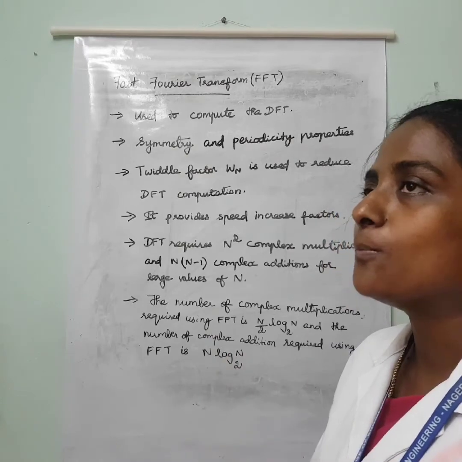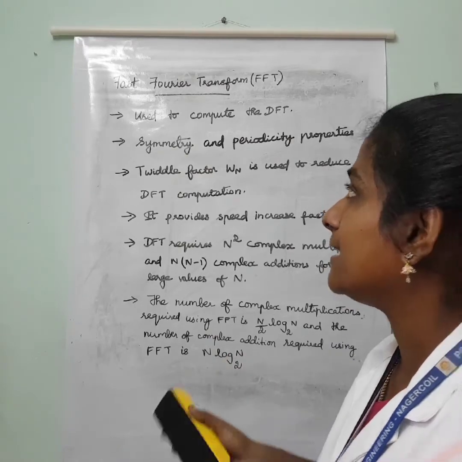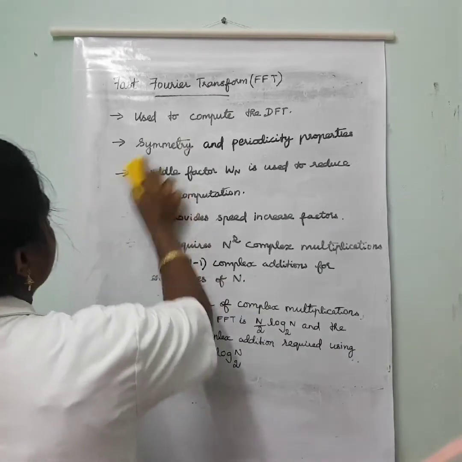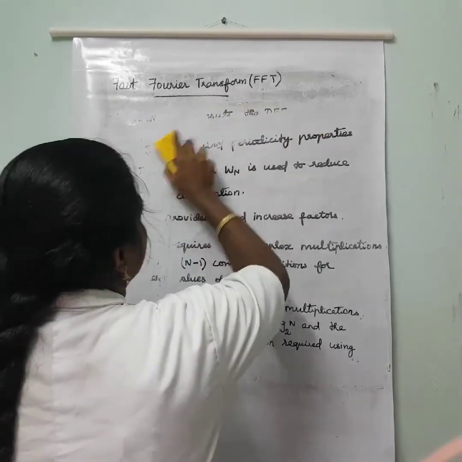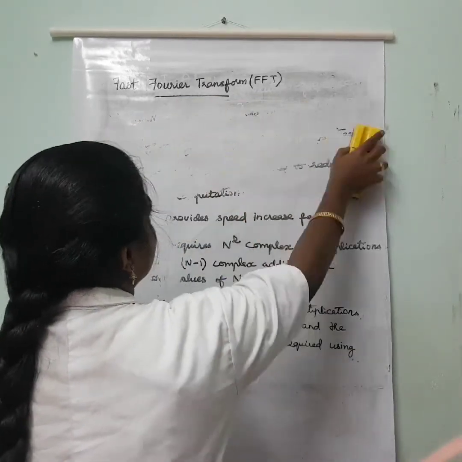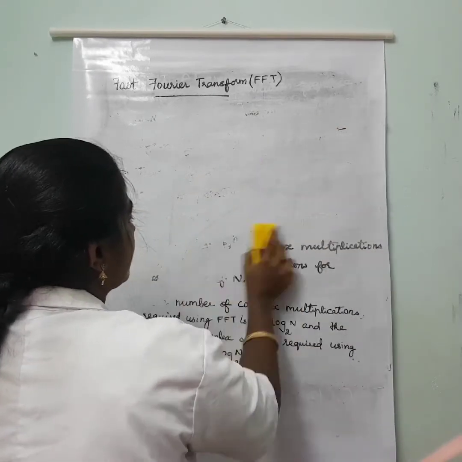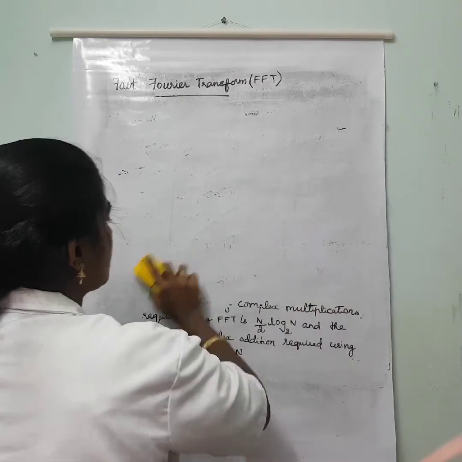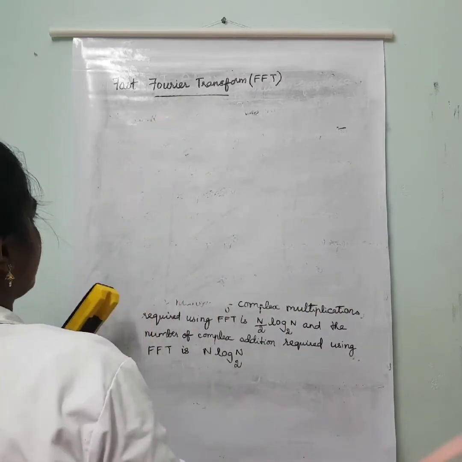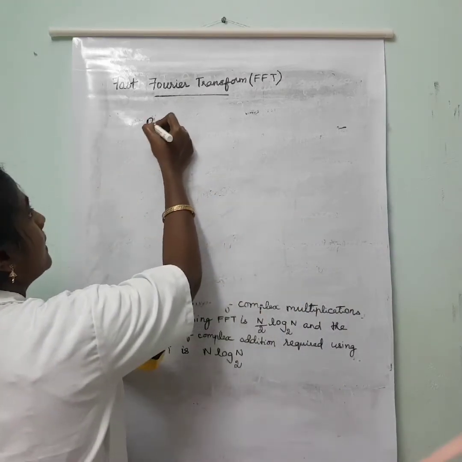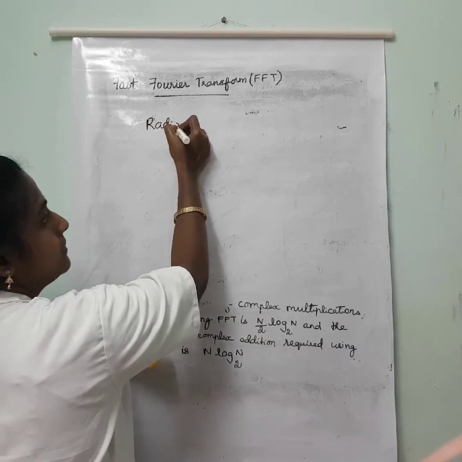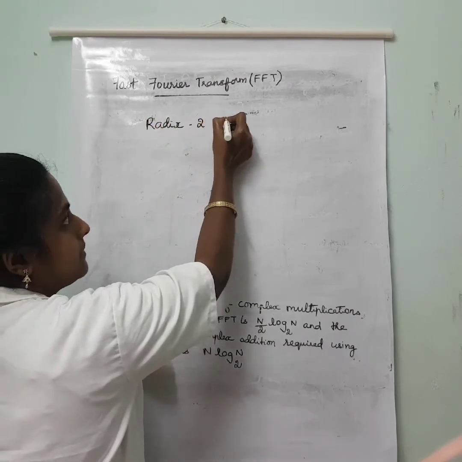Next we can see about radix 2 FFT. In radix 2 FFT, this is an approach which depends upon the decomposition of n-point DFT into smaller DFTs.